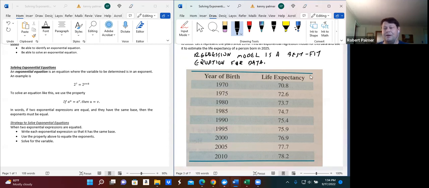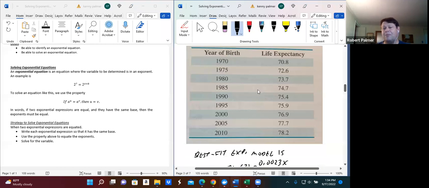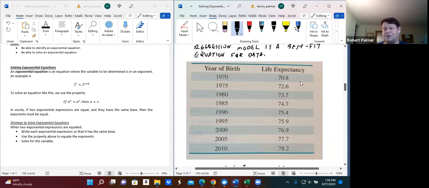If I ask you what was the life expectancy for someone born in, like, 2002, that would be within our data range. That's called interpolation. If you go outside your data range, that's called extrapolation. And that can potentially be dangerous because there may be some different trends going on outside the data we have. So you have to be careful of that.